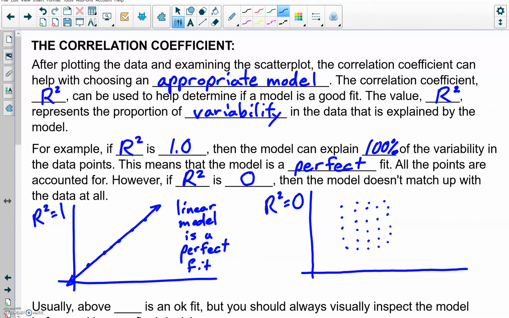And if you were to try to put a linear model through this, you can't fit it. It's not going to hit any of the points really that well. You might hit a few, and I've got them lined up more here than what I really want to have. But the linear model will not predict the data variability at all. It won't help you predict a y value from a given x value, so to speak.